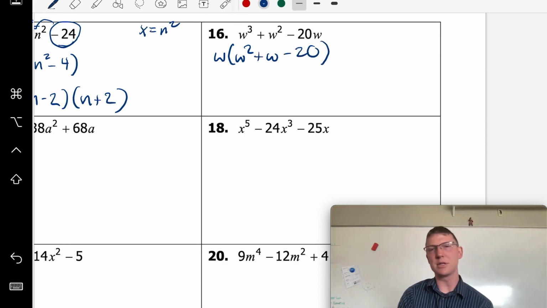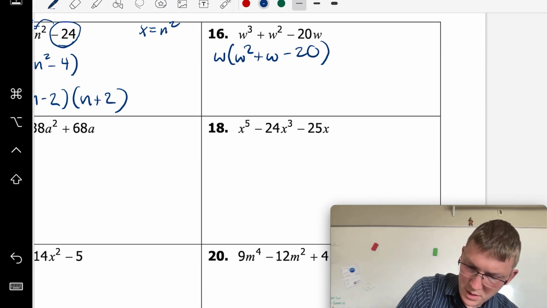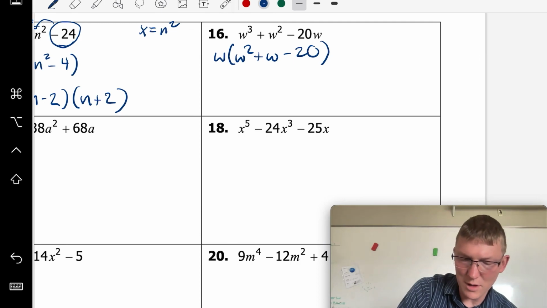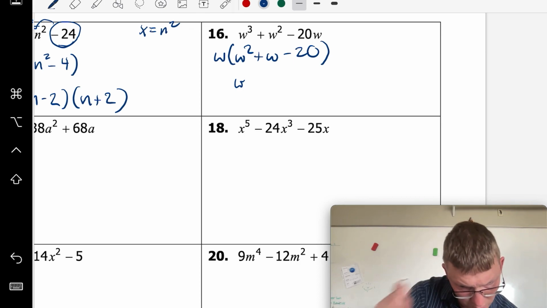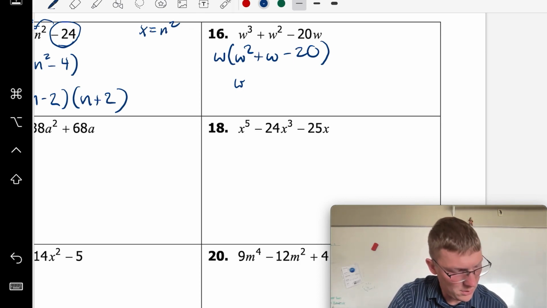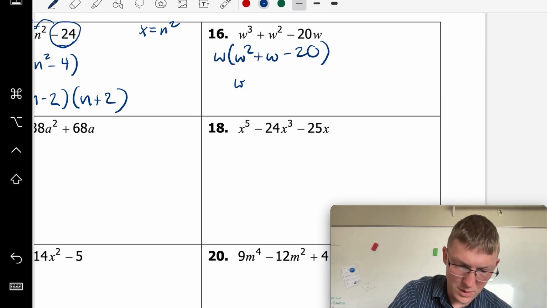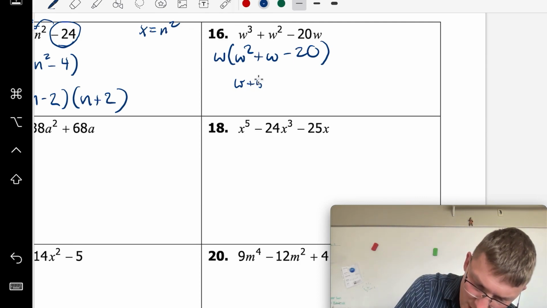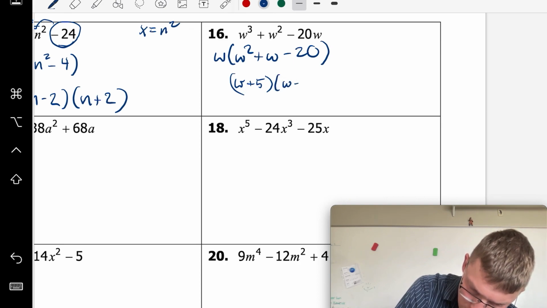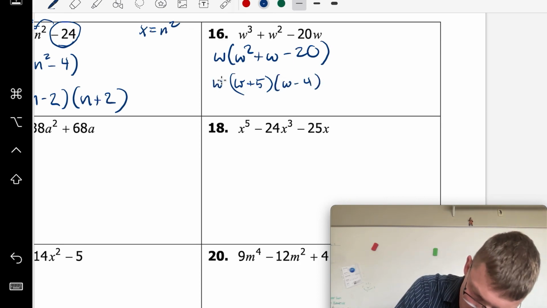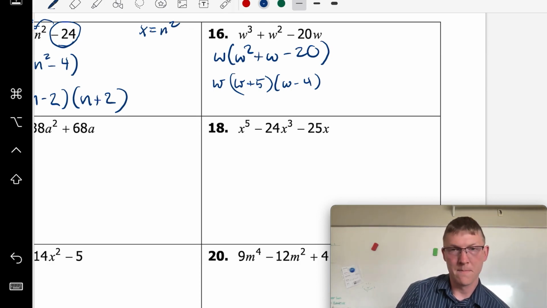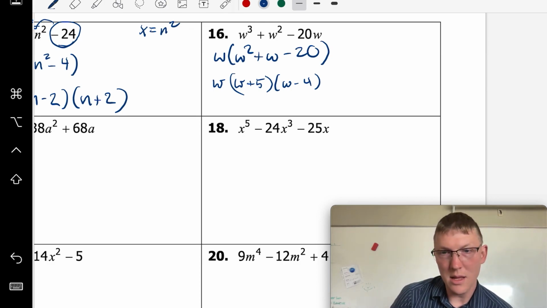Now that looks a little bit more like what we're used to. 2 multiples of negative 20 that subtract together to give us positive 1 W. 20 divided by 4 is 5, which will give us the 1, so we're going to have W plus 5, W minus 4, and don't forget your W out in the front. And that is factored.